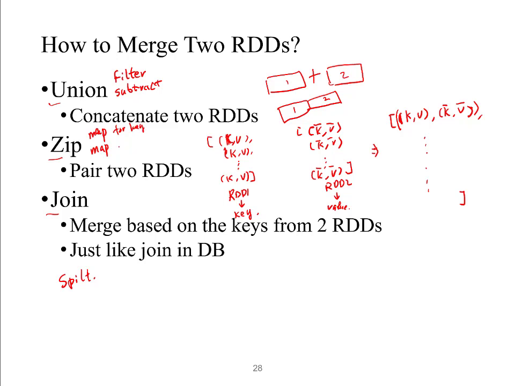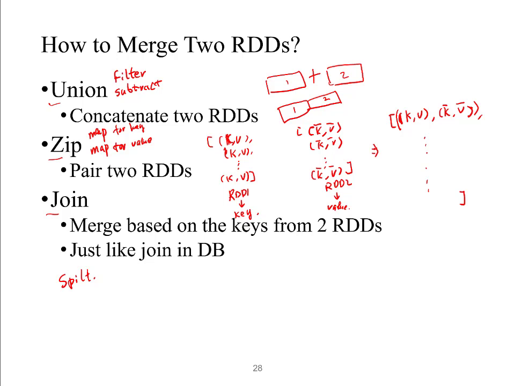So this is a map for key and a map for value. Just in case you know what I don't know, if there is a method in PySpark that can achieve this functionality, please let me know and I will add it into the lecture.